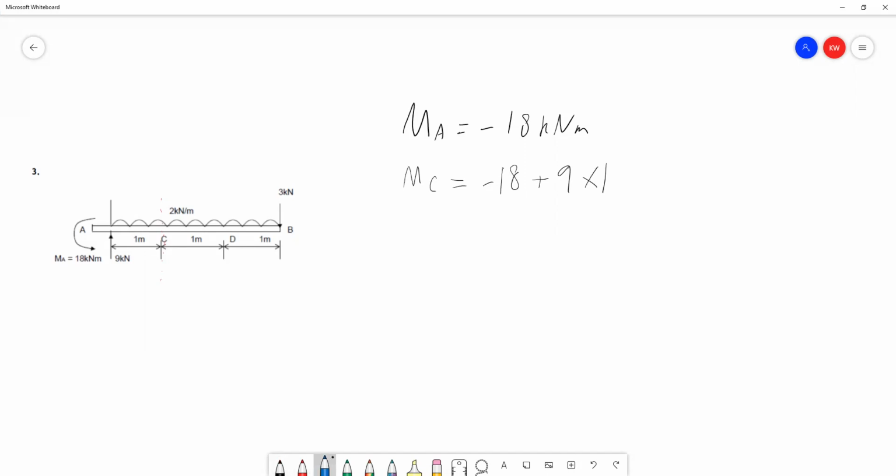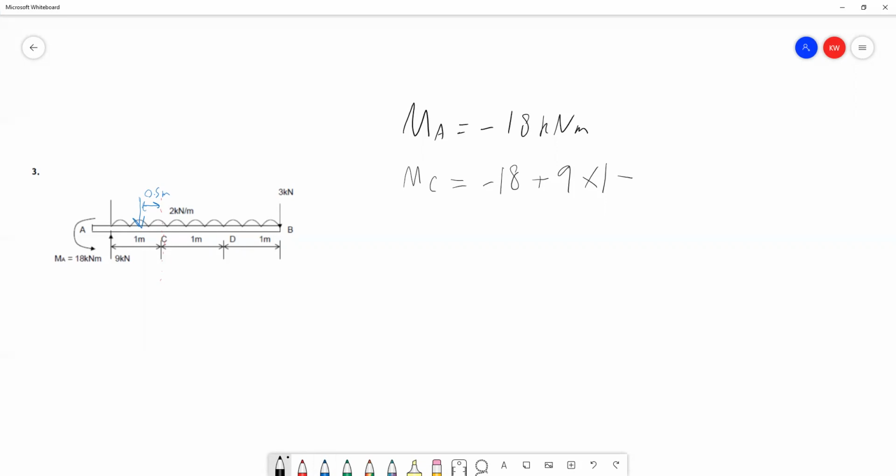Now we need to take into account the UDL and how it applies between A and C. Now we know a UDL's effective point is going to be in the middle, so we'll have a force being applied here, and that's going to be at a distance of 0.5 metres from C. The way we calculate a UDL force is we take the force per unit length, so in this case 2 kilonewtons per metre.